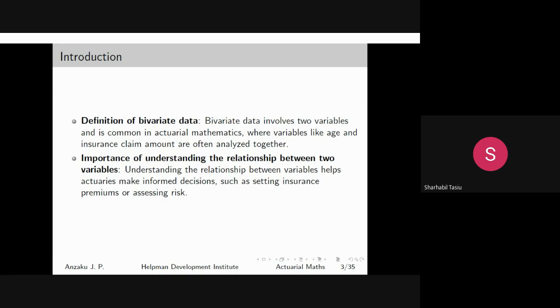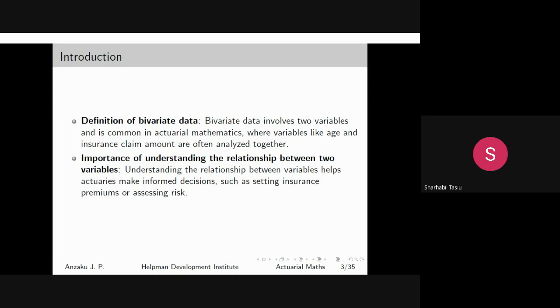When it is multivariate, it is more than two. When it is univariate, it is one-dimensional and involves only one random variable, say x. When it is bivariate, it involves two random variables, say x and y. When it is multivariate, it involves more than two random variables. So if we're interested in age and insurance claim amount, we are looking at bivariate data.